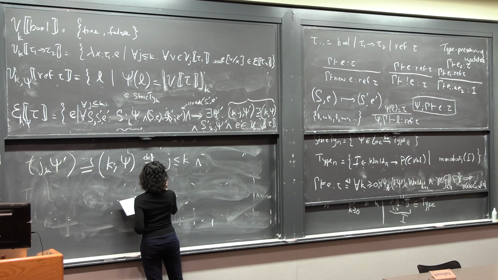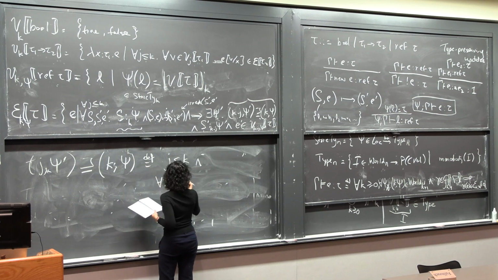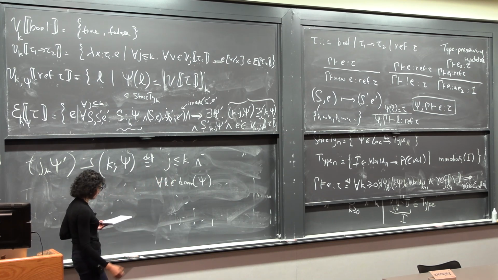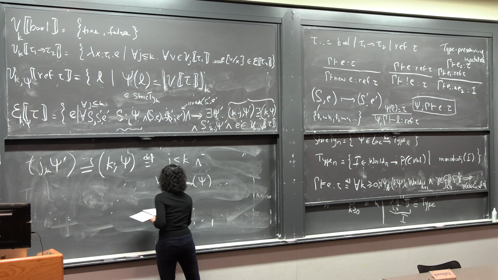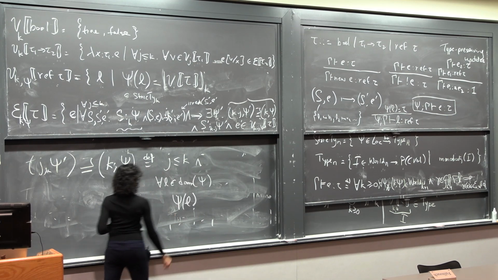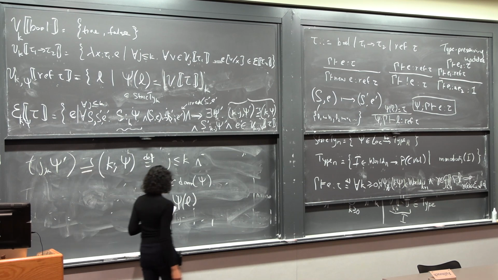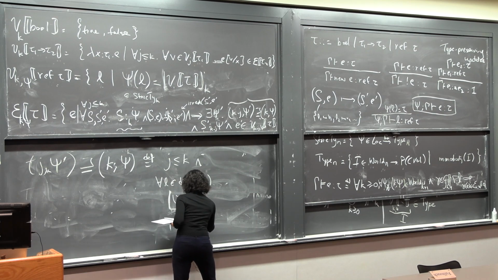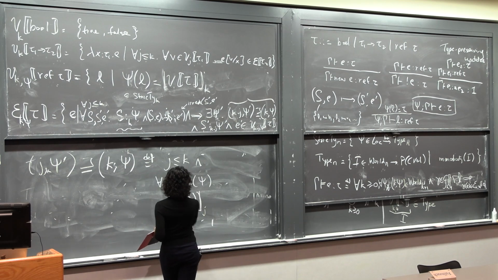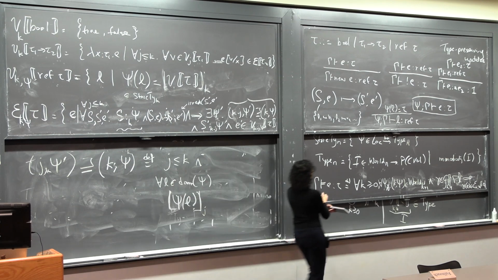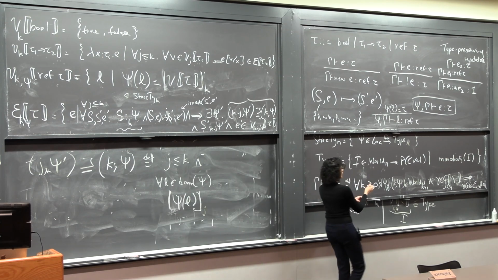And for all locations in the domain of my store typing, I have to make sure that their types are preserved, right? It better be the case that if I take psi of L, my original psi, and I look up the type associated with L, if I approximate that, in a sense, what I'm doing is taking that and applying it, right? Because my interpretation says I need to apply it to a number, to a world, which is a pair of a number and a store typing.